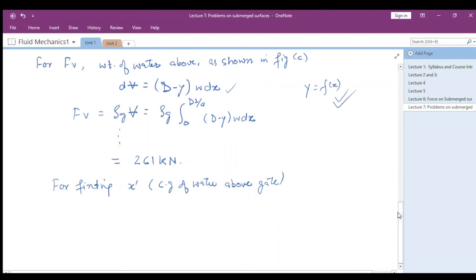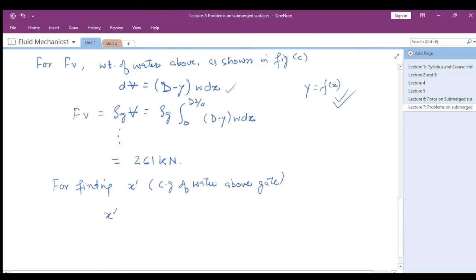So let me do that analysis here again. Let's say for this particular problem I want to find out the location of where my FV is acting. Then it is quite simple. The only thing I need to do is to find moments: moment due to elemental force would be equal to moment due to resultant vertical force.